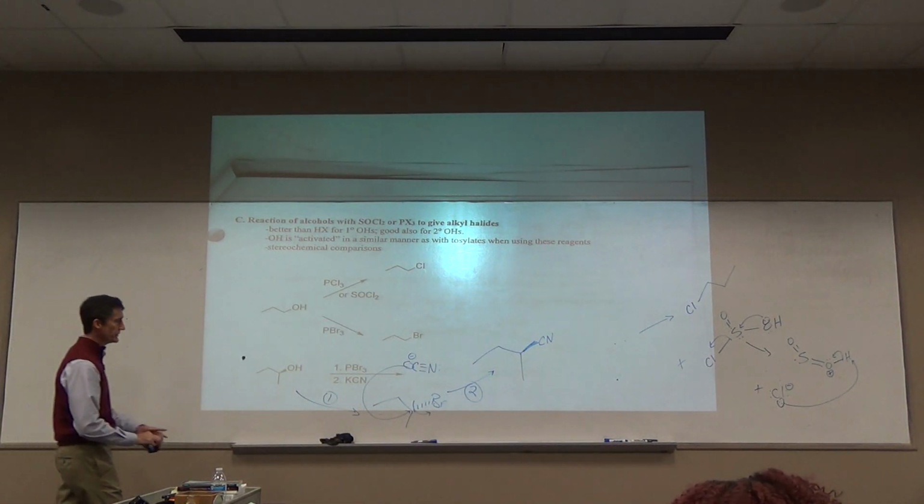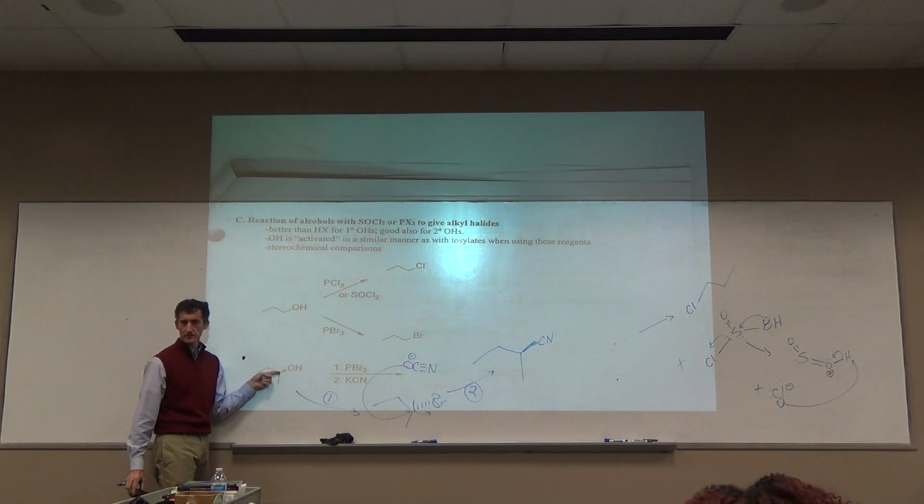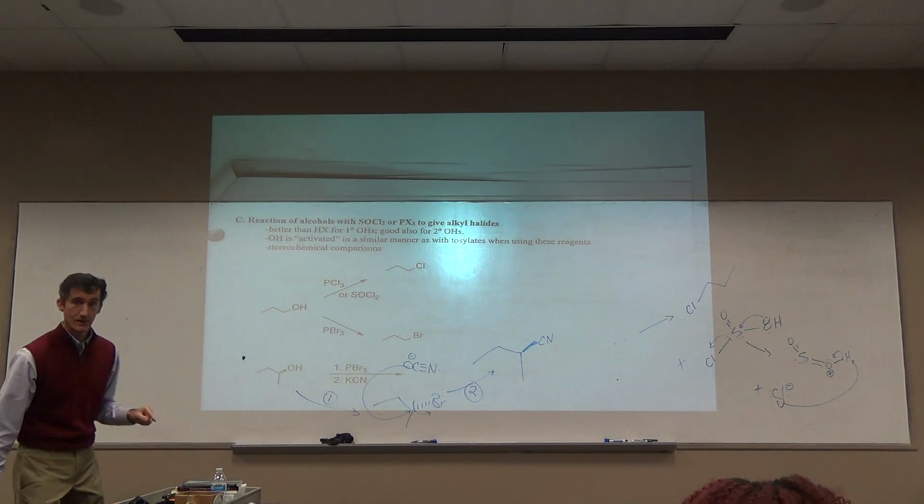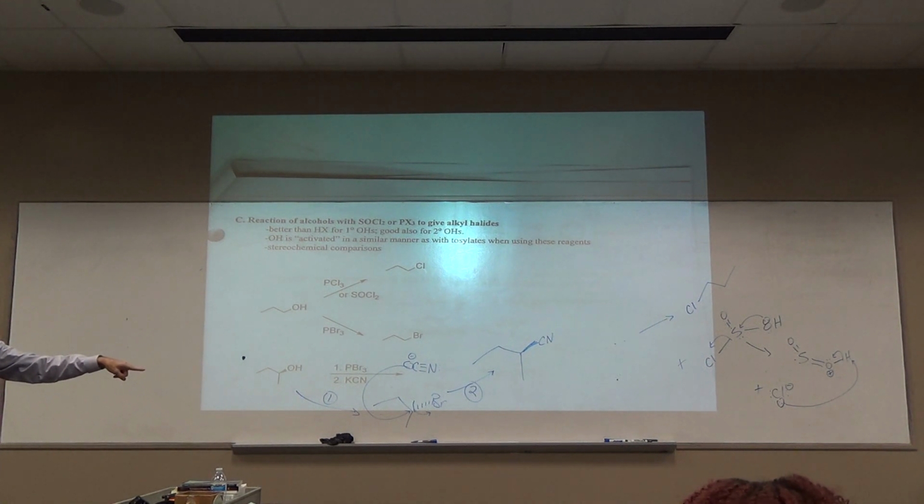And so the stereochemistry goes back to the same as this. Why? Because you're reinverting it. Because we did 2 inversions. We did the first inversion going to the alkyl bromide, and then we did another inversion.